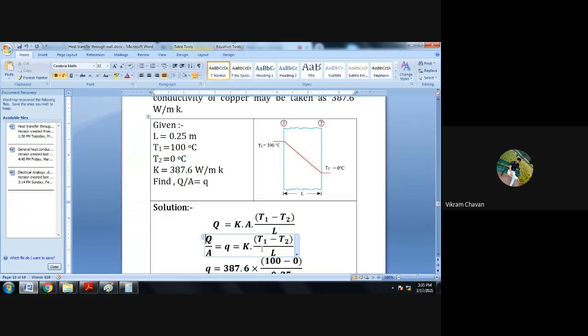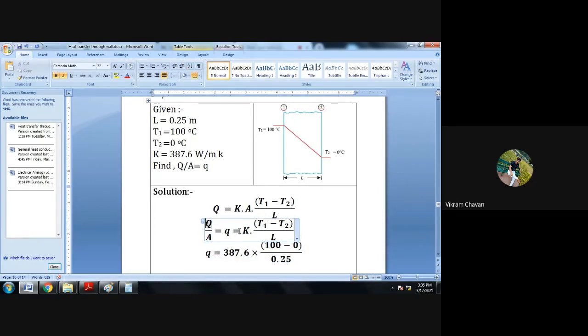So all the quantities, that is K, T1, T2 and L, are given in the problem. So it will be easy to find the heat transfer rate per unit area, or the heat flux. Just put the given quantities in the equation.